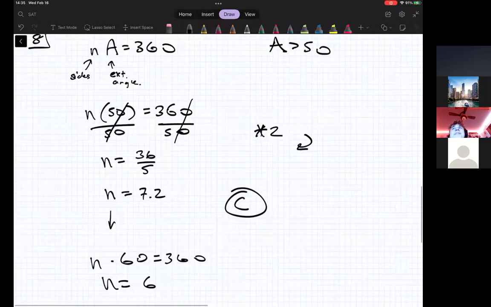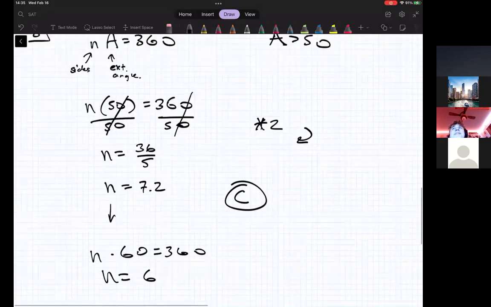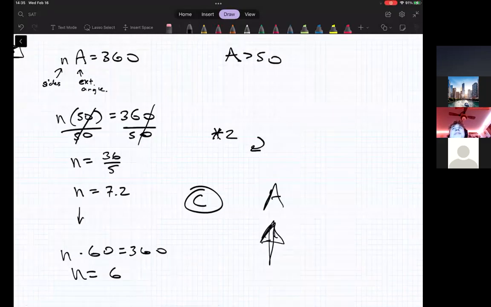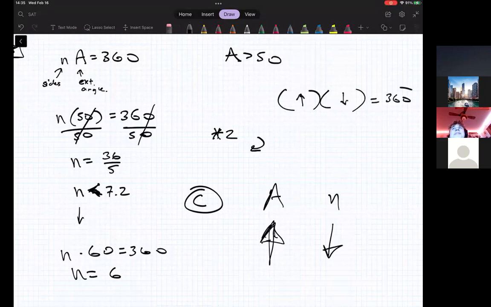So as I escalate A, n is getting smaller, so n is less than 7.2. That makes sense because if you're multiplying two things, as one goes up, the other has to go down in order to always equal 360. Hopefully that made sense. Let me know if it didn't, or if you have other questions on these 2 pages.